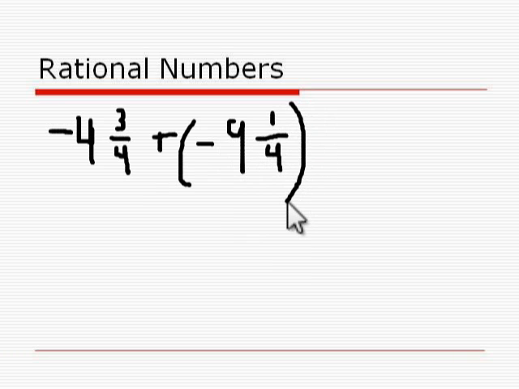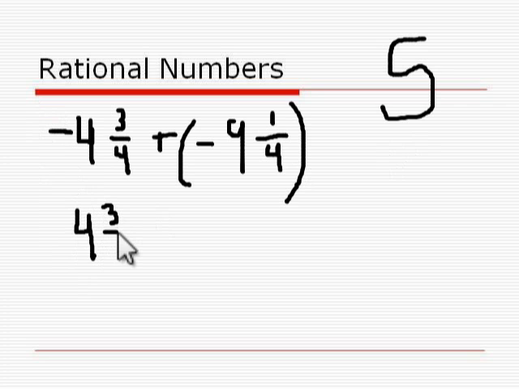So I picked this on purpose so I didn't have to find a common denominator, but remember you have to find a common denominator if they don't already match. So in order to add these, first question I ask myself is, are the signs the same or are they different? They're both negative, so therefore they're both the same. So that means I'm going to add and keep the sign. So I'm going to add their absolute value. So that means I'm going to add 4 3/4 plus 9 1/4.